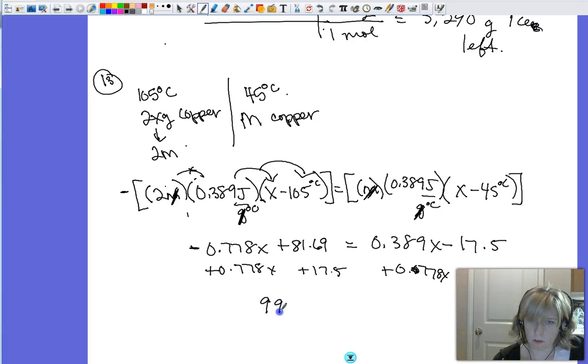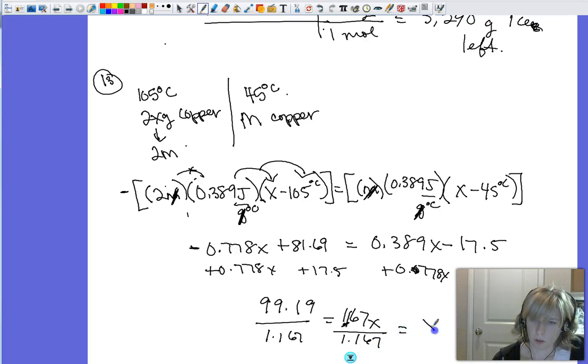And essentially what you're going to end up with is 99.19 divided by 1.167. That's supposed to be 1.167x, and that's why we divided by that. So we're going to get x equals 85 degrees Celsius.